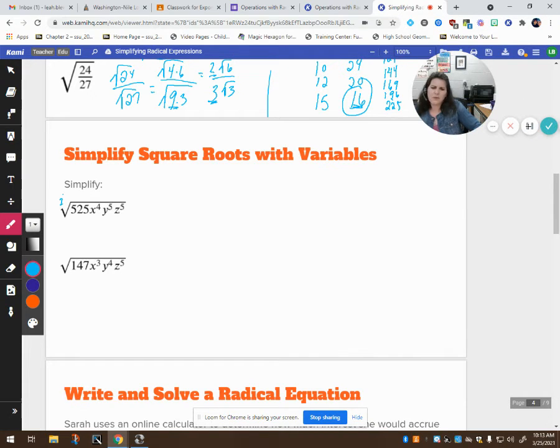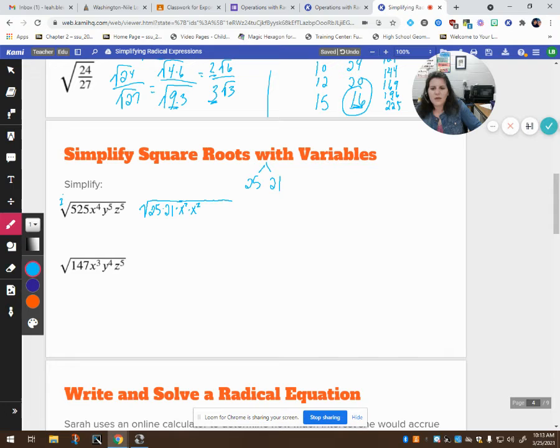525, I'm assuming, is divisible by 25. It is. It's divisible by 25 and 21. 25 times 21 is 525. So I'm going to rewrite this as 25 times 21. And I'm going to rewrite x to the 4th as x squared times x squared.